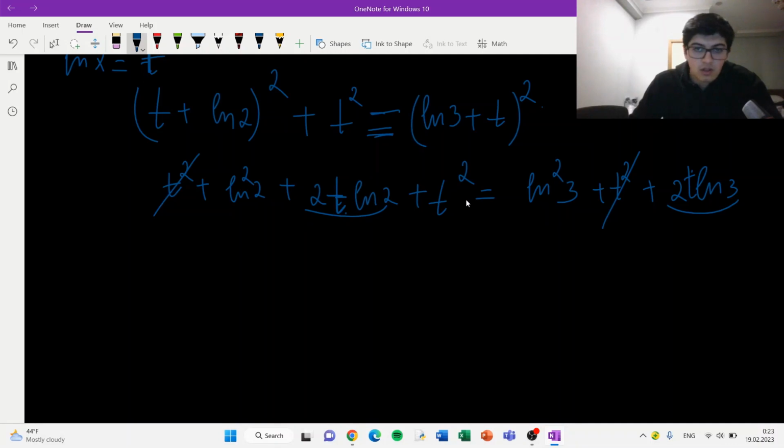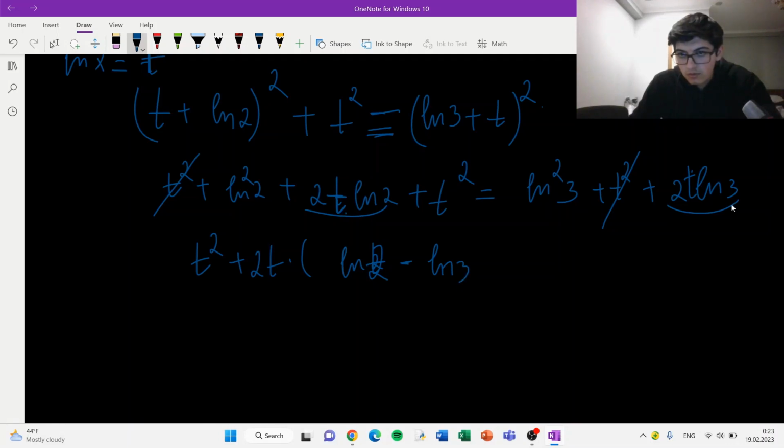Let's collect all of them on the left hand side of our equation. t squared plus t multiplied by 2 ln 2. Actually we can also put 2 out of the brackets, ln 2 minus ln 3.